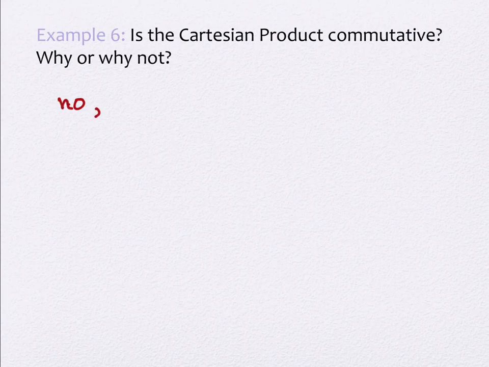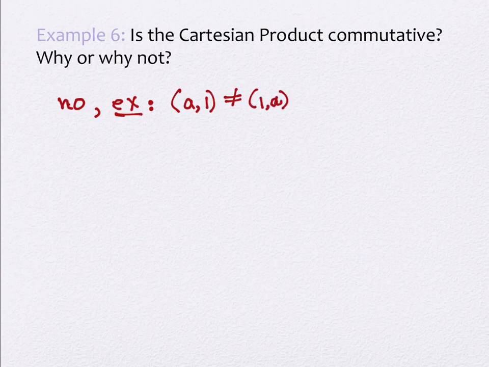For an example of why not, we'll just use one of the ones we did: the ordered pair A1 is not the same as the ordered pair 1A. It groups the same elements together, but the ordered pair is not the same.